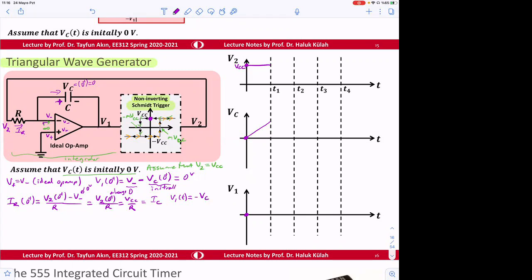Why? Because V1 is equal to this one, V1 minus, which is equal to 0, minus VC.